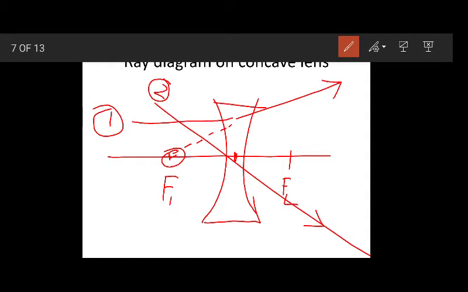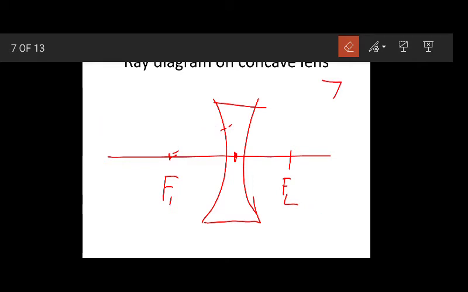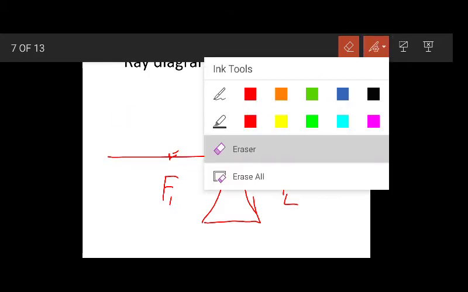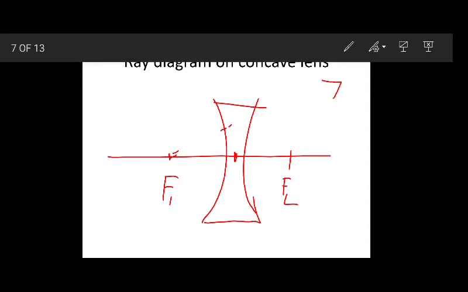And number 3, when light ray falls towards the principal focus, after refraction it will be parallel to the principal axis. That is the ray diagram for concave lens.